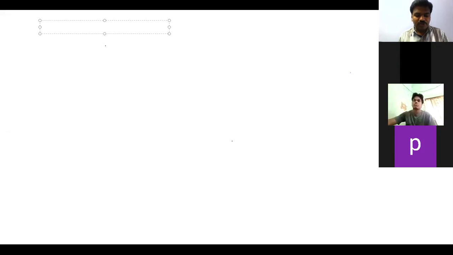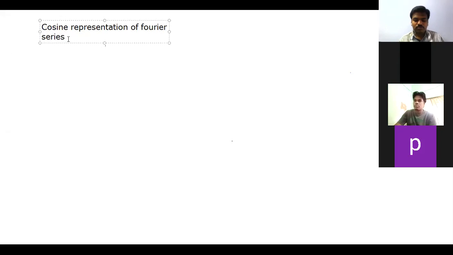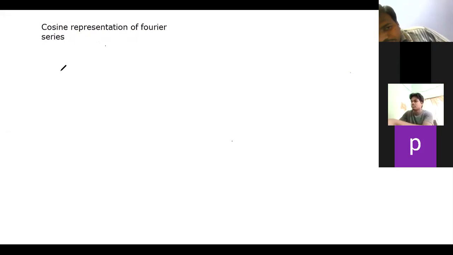Now the next one is the cosine representation of a Fourier series. Now just see, there is nothing new in it. Just the representation is different, but we are using the same Fourier coefficients that we already derived in the trigonometric Fourier series.